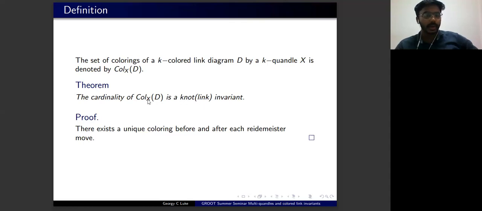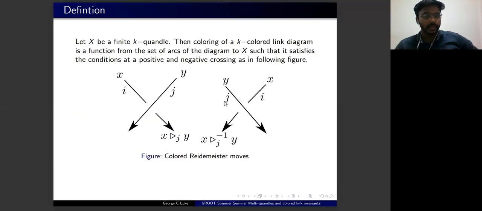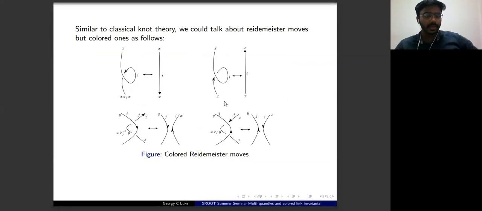To show this cardinality is a colored link invariant, it is enough to show that under the colored Reidemeister moves the cardinality of the set of colorings of a colored link diagram by a k-quandle remains invariant. But this is the case which we have seen in the diagrams of the Reidemeister moves.